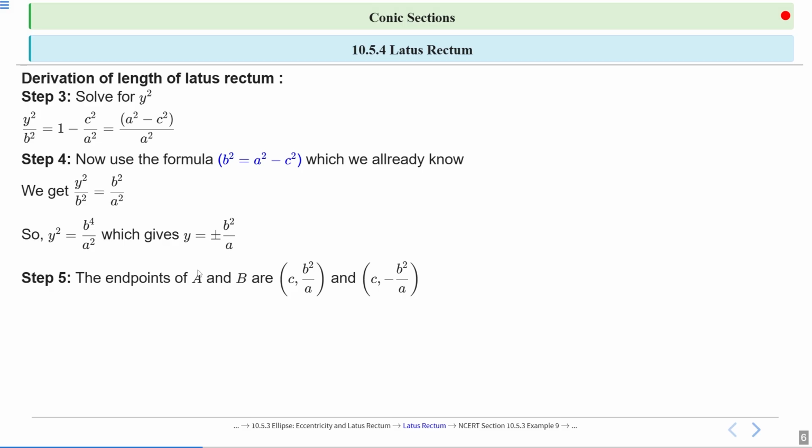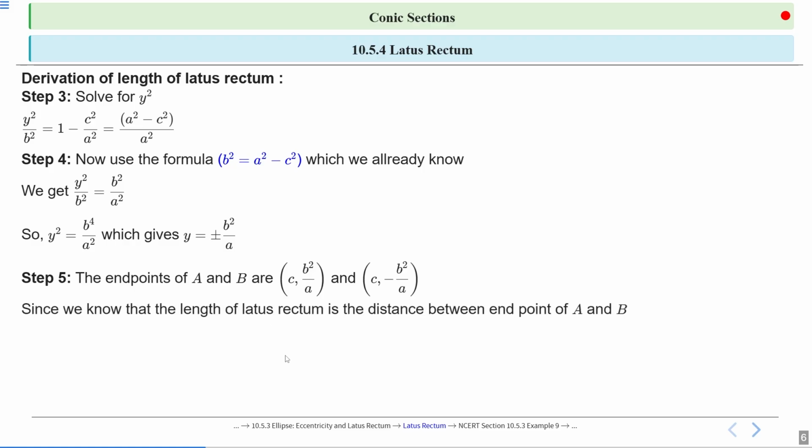So the endpoint A will be (c, b square upon a), and the endpoint B will be (c, minus b square upon a). So we obtain the endpoints of A and B.